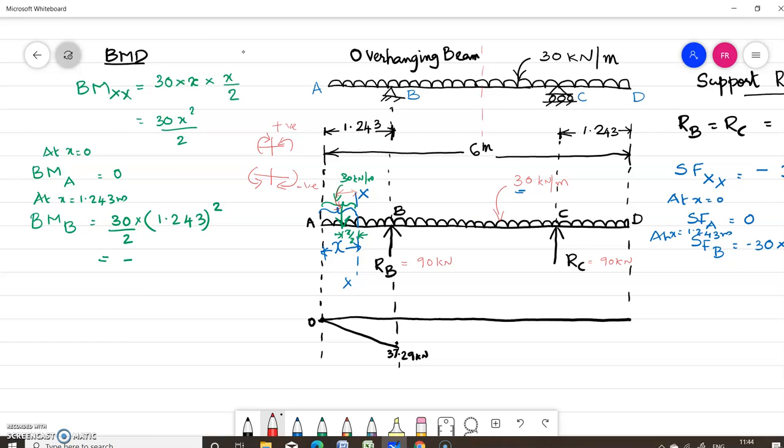So this is minus. So you'll get the value as minus 23.176 kilonewton meter. Now we can draw the bending moment diagram also.